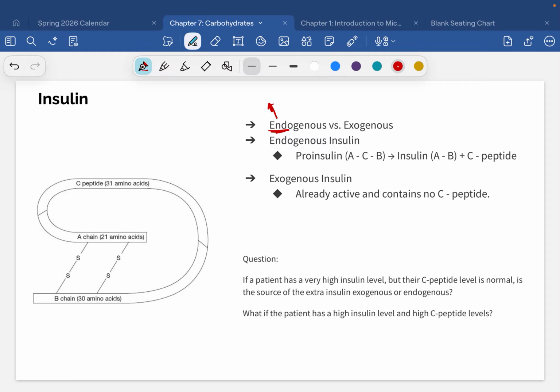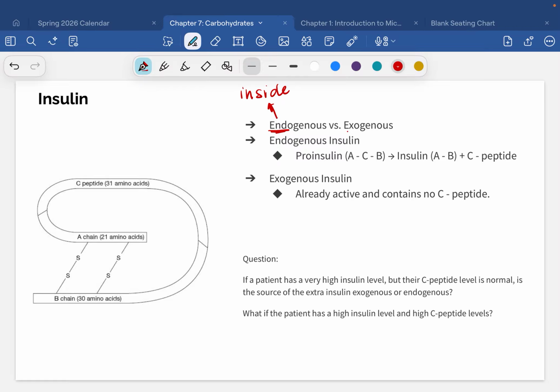They're going to help you understand what's going on. So endo, as a prefix, is always going to mean from the inside, or being produced inside. So endogenous is something produced inside of our body, something our body produces all on its own.